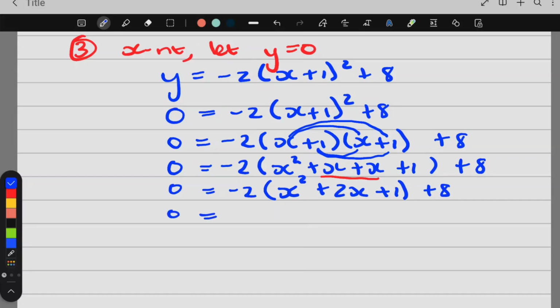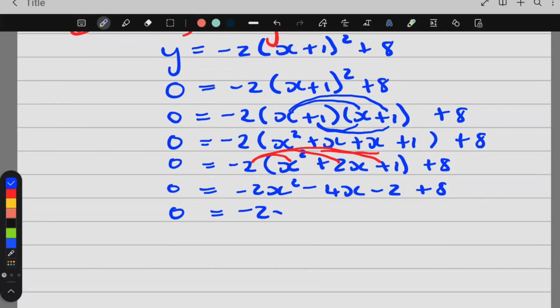And now I'm going to multiply the negative 2 in. So I'm going to say negative 2 times this, times this, times that. So I get negative 2x squared minus 4x minus 2 plus 8. And now I get my equation in standard form. So negative 2x squared minus 4x plus 6.